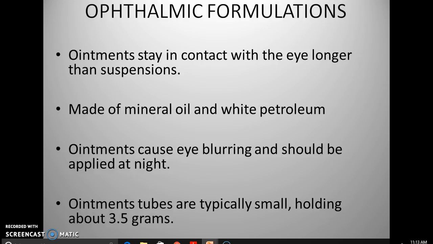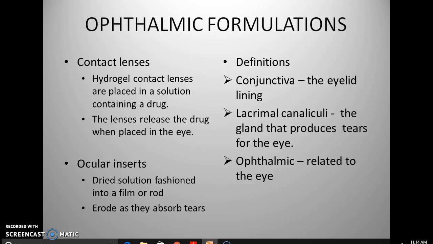Ointments can cause eye blurring, and many times because of this, it's suggested that they be used at night when the individual is about to go to sleep. Each of the tubes contains approximately 3.5 grams of ointment within it.